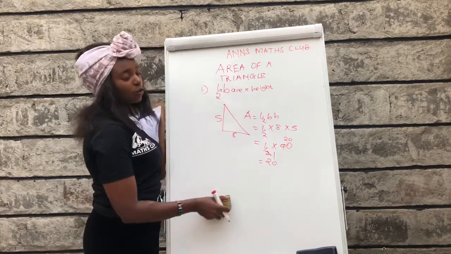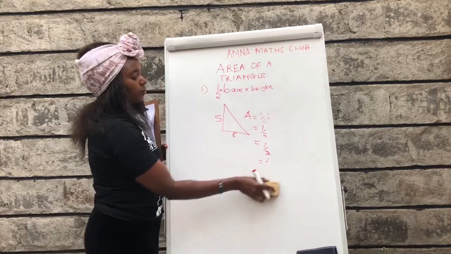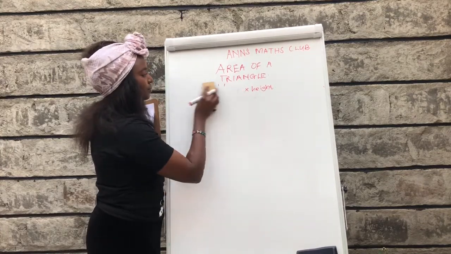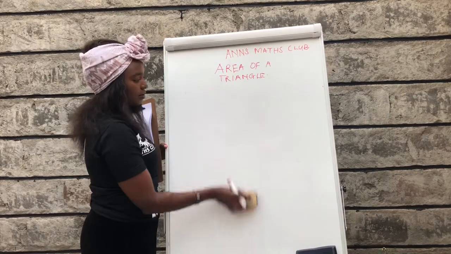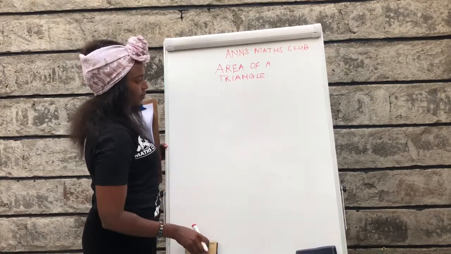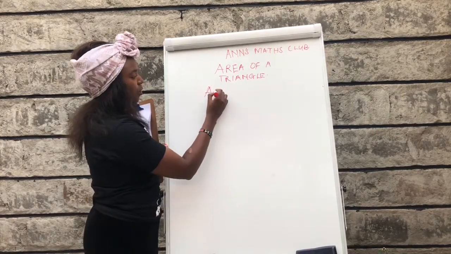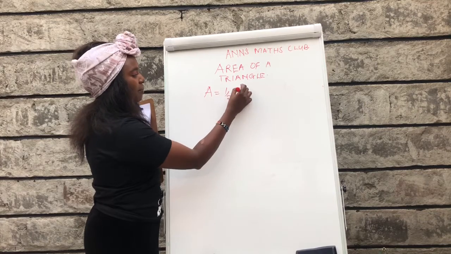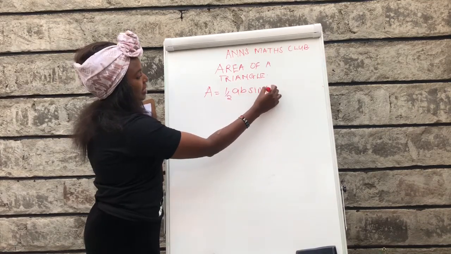Let's do the second formula. With the second formula, we found out that the area was a half ab sine theta.